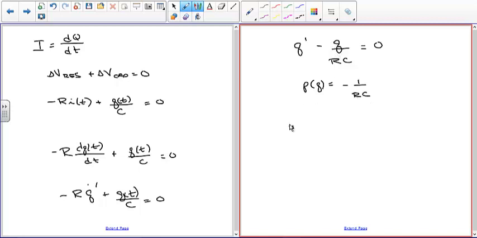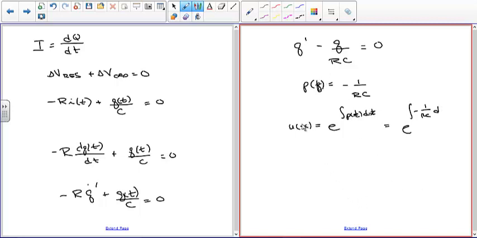So then you can calculate the integrating factor. The integrating factor is e to the integral of P(x) dx. So we stick in P being negative 1 over RC dt. It should be t really. It's actually a function of t, sorry.